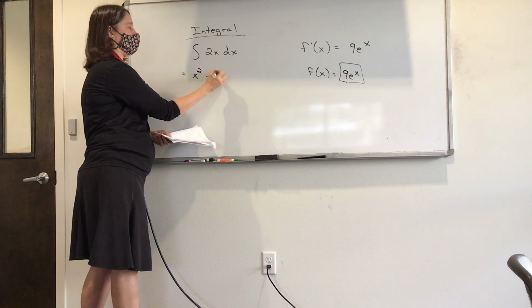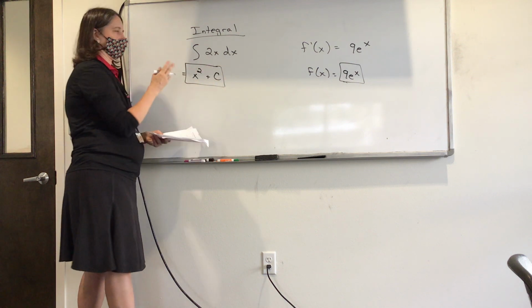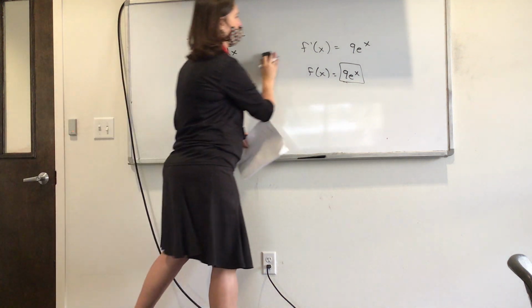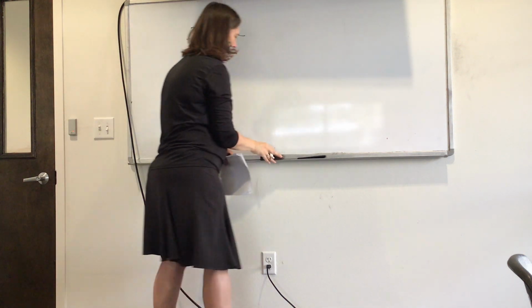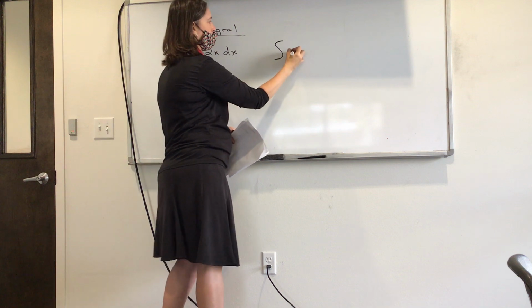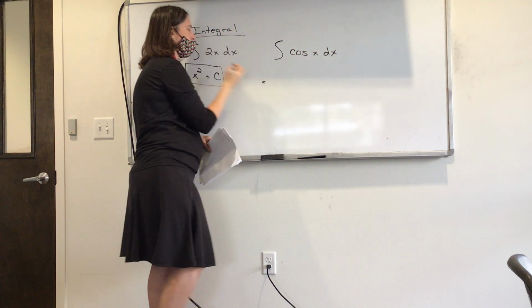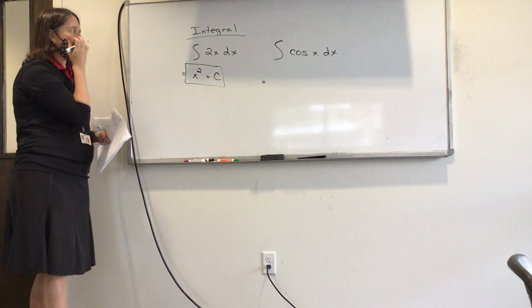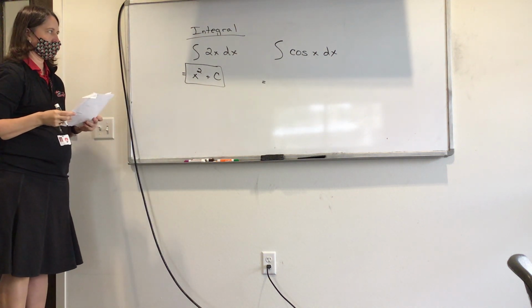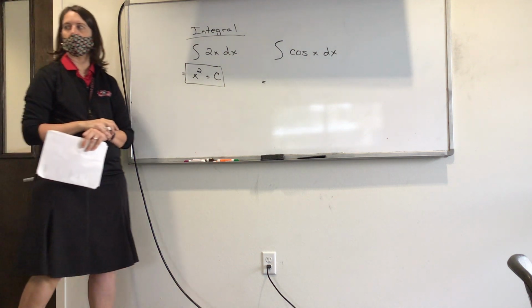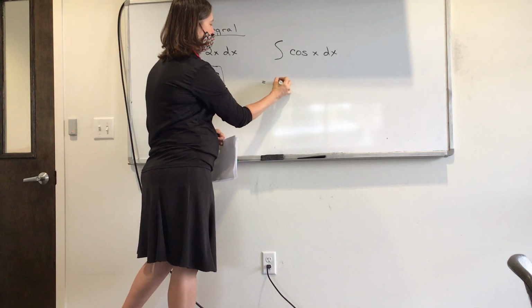So for the integral, I'm including all of the answers, so I include plus c, showing I can put any constant there at the end of my problem. Last example. Alyssa, what would I do for the integral of cosine x dx? Sine x plus c. You got it.